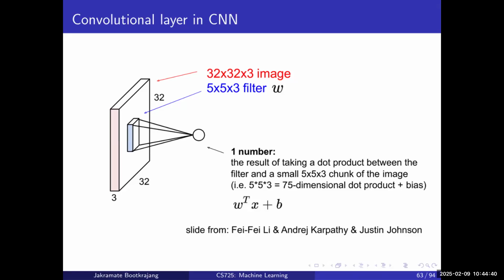So you have 25 positions, so you do 75 multiplications, and then you add them up. You can also have the bias term, which is basically a constant that you add after the filter. And so these weights and the bias are the parameters of your model.